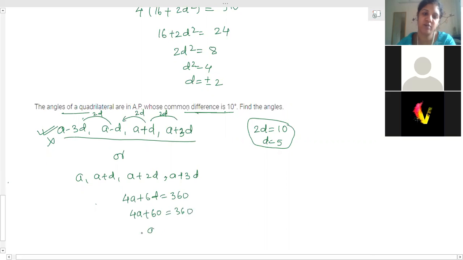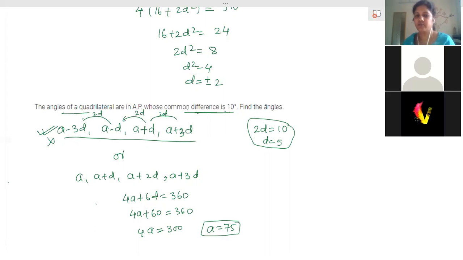So 4A is equal to 300. So A is equal to 75. So first term is 75, second term is 85 because the difference is 10. 75, 85, 95, 105.